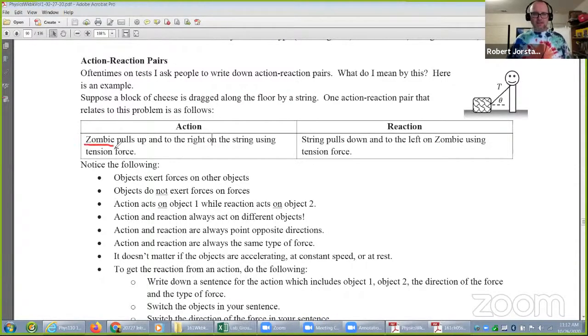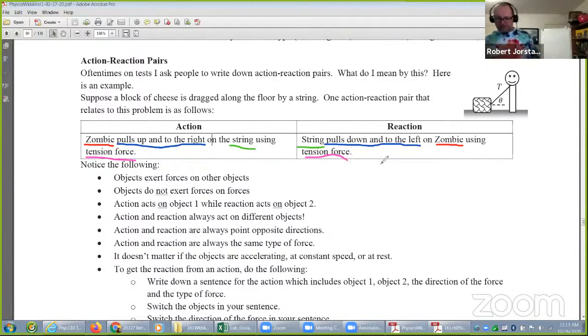The zombie, instead of being the actor, becomes the one who's acted upon. We see that the string is the other object. And here's the direction: up and to the right becomes down and to the left, the opposite direction. And then finally, the type of force does not change.